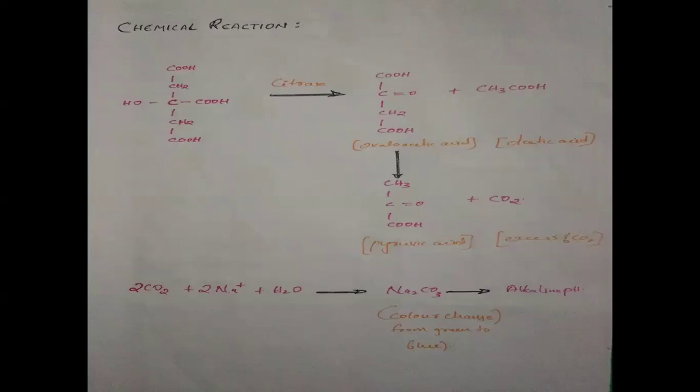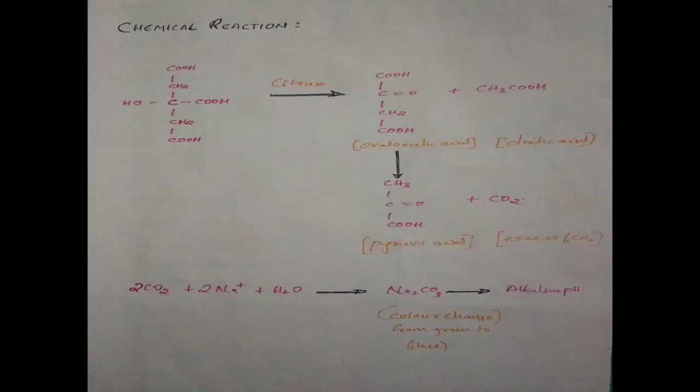Bromothymol blue produces the Prussian blue color in the alkaline medium. Finally, this alkaline pH can be detected by the color change, so indirectly we are confirming whether the organism is able to produce citrate permease or not.